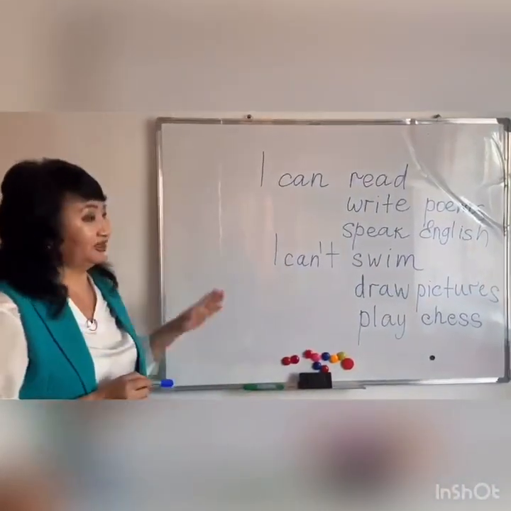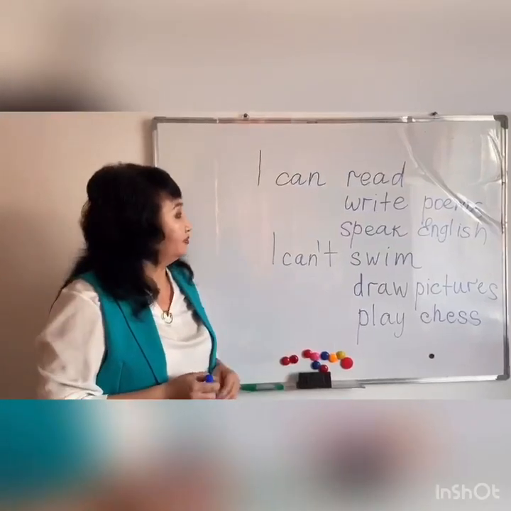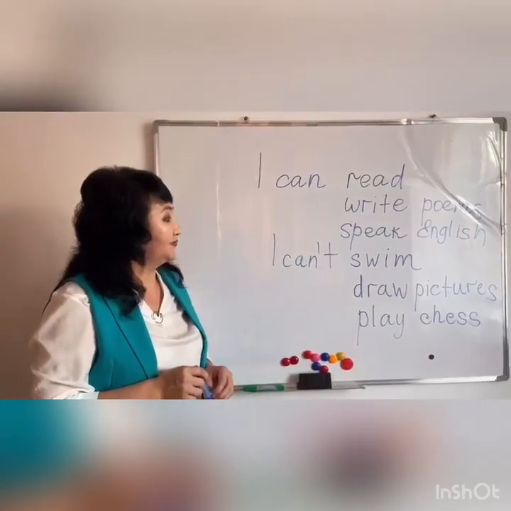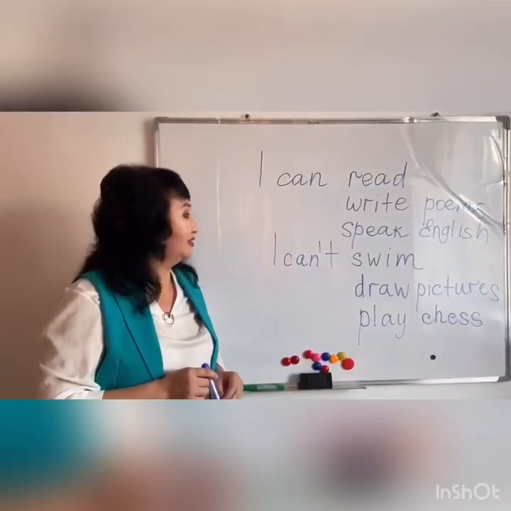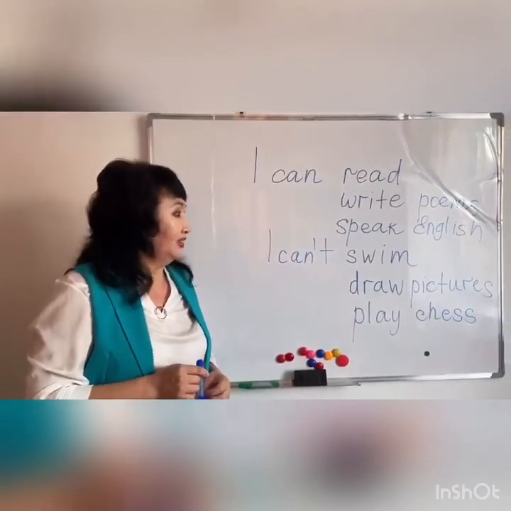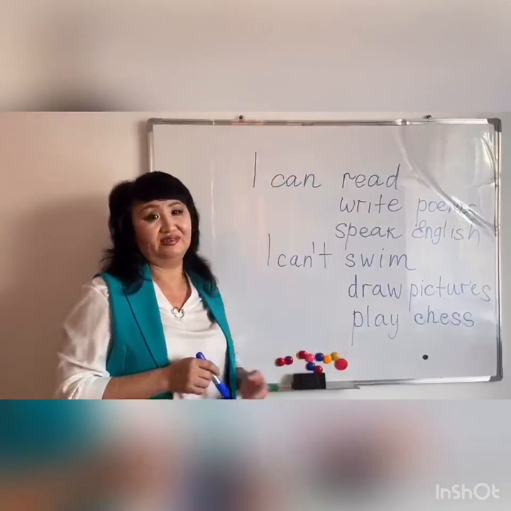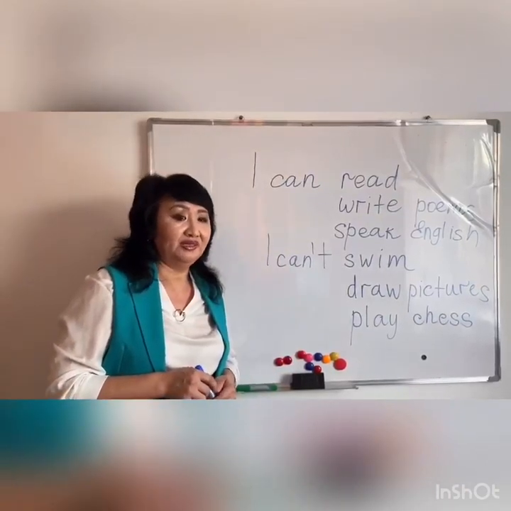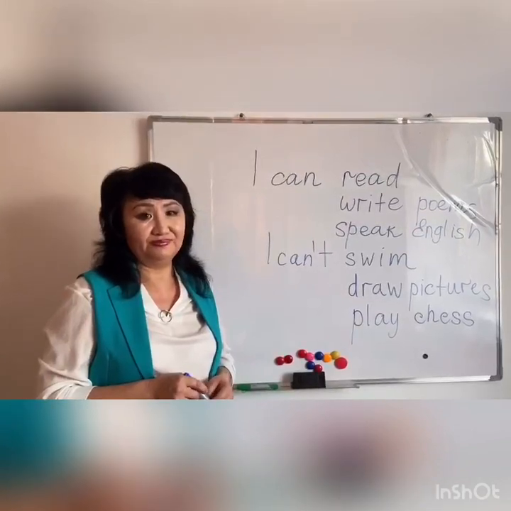You should encourage children to finish sentences, and you can give the task to write about their abilities and disabilities, what they can do, what they can't do, in their copybook or notebook. It's a very effective way of teaching grammar.